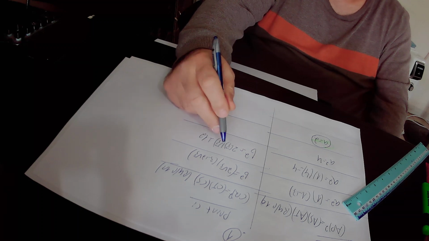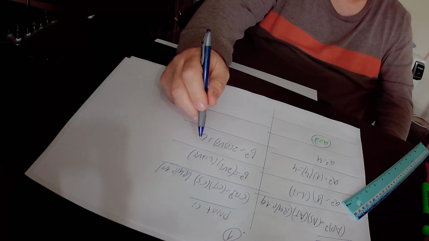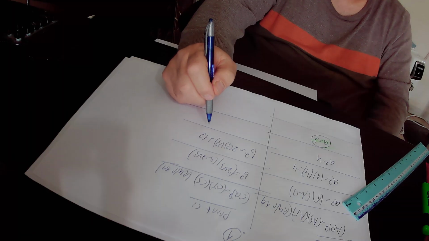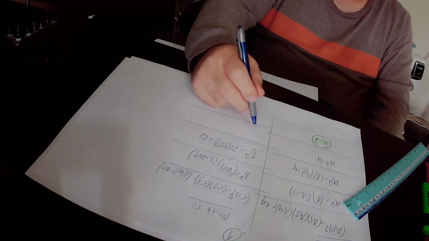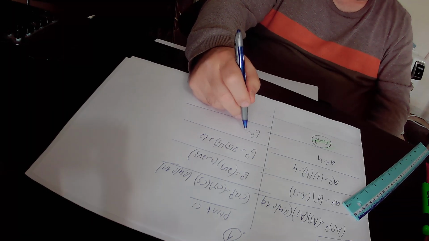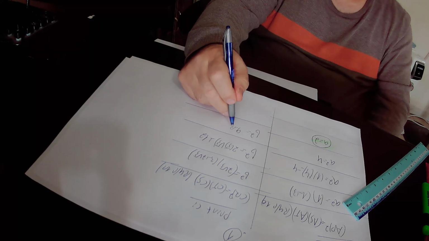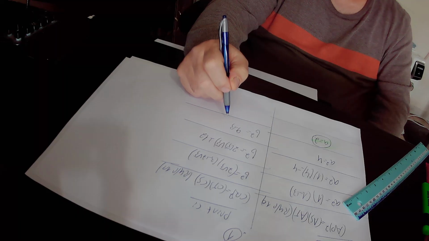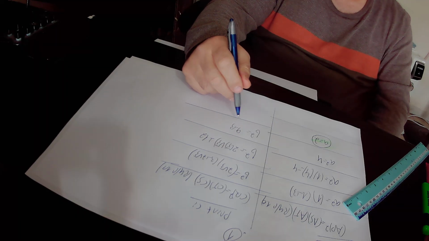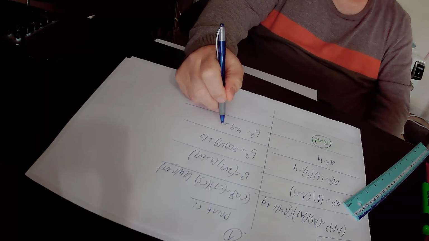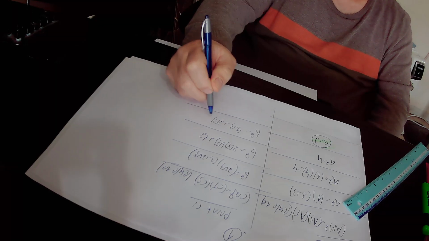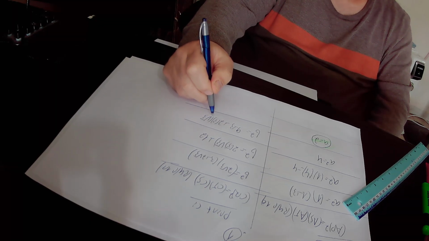Because 2 times 2 is 4, and root of 3 times root of 3 is 3, and 4 times 3 is 12. So B squared equals, here we substitute 12 by 9 plus 3. And we get that B squared equals 9 plus 3 plus 2 times 3 times root of 3.